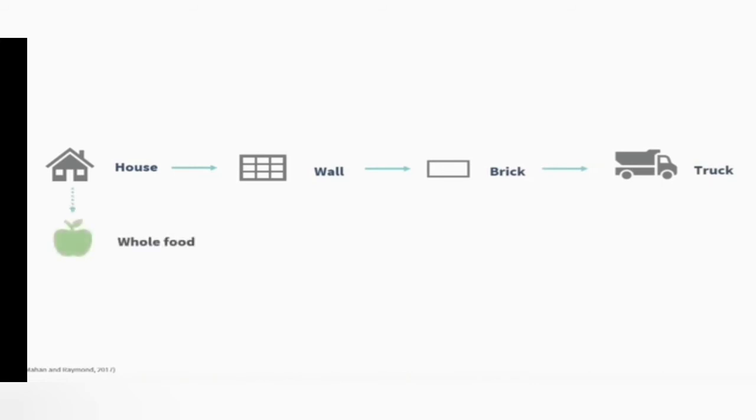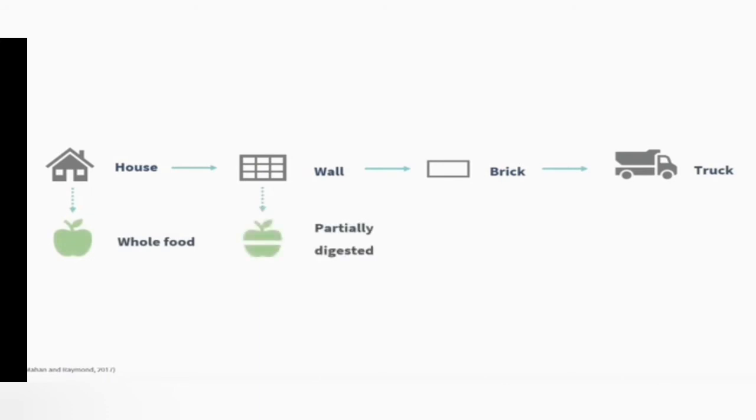Take an example: our house is made of walls, and the walls are made of bricks, and the bricks are the smallest unit of this house. A lot of bricks come in a truck, and we load the bricks into the truck and transport them.